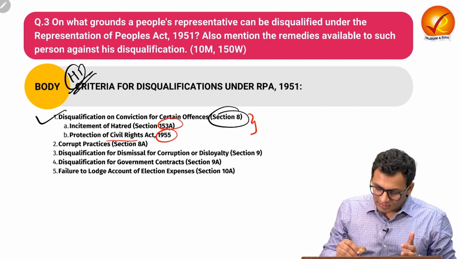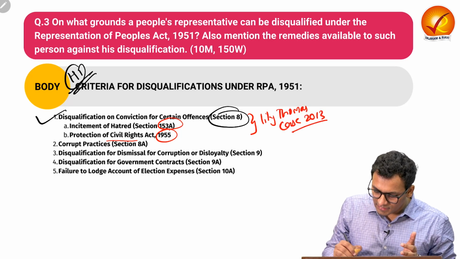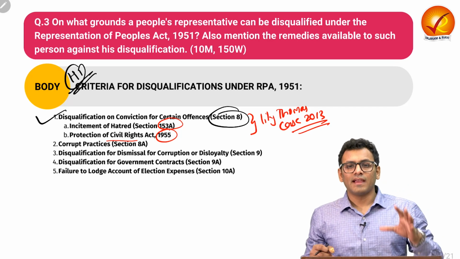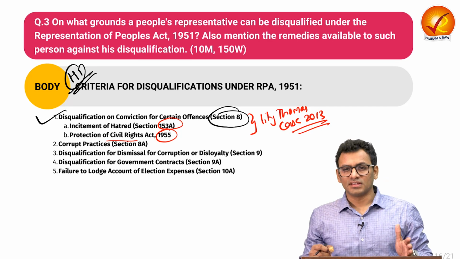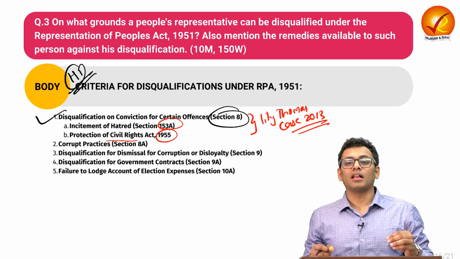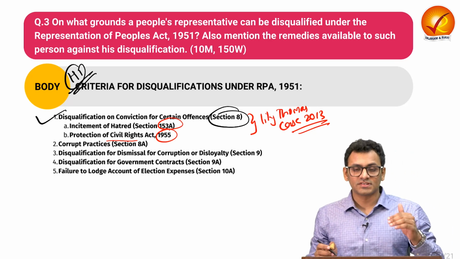Also, in the Lily Thomas case of 2013, we have seen that if any legislator is found guilty and the punishment for the same is more than 2 years, they shall be disqualified on the spot. So that is something you can talk about for the first point.